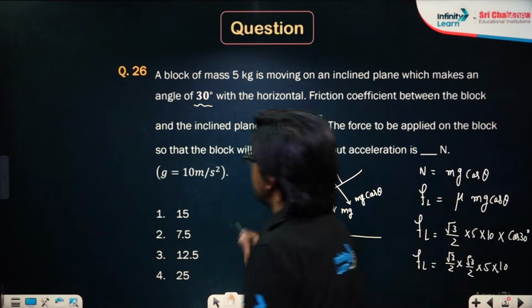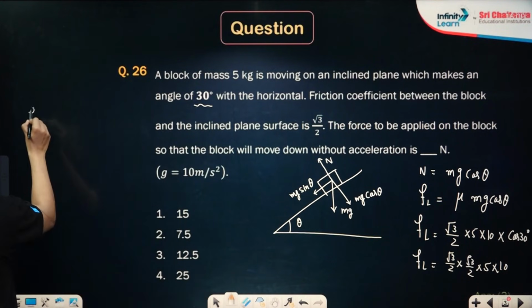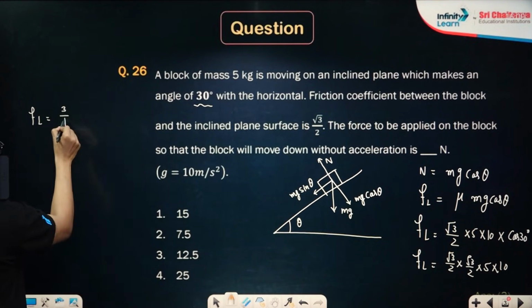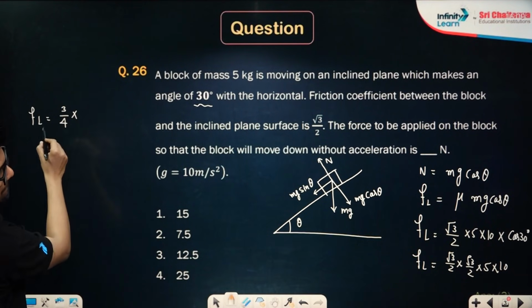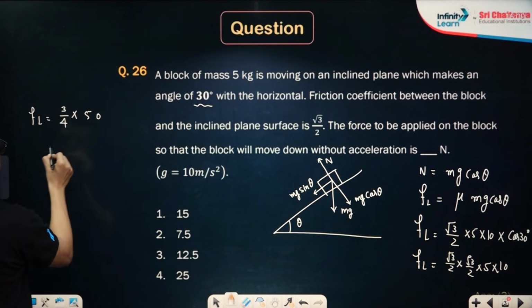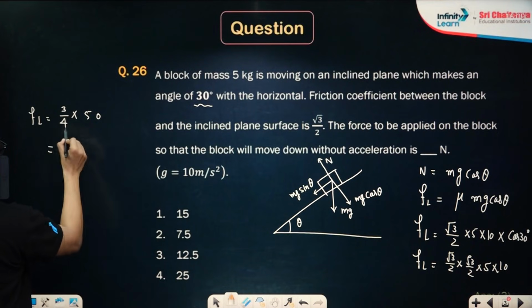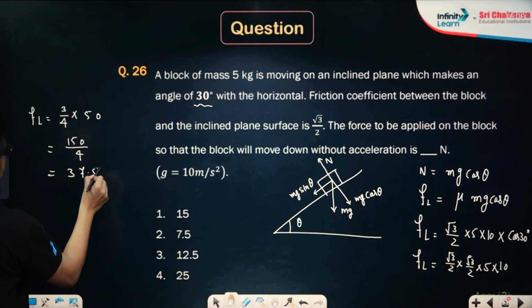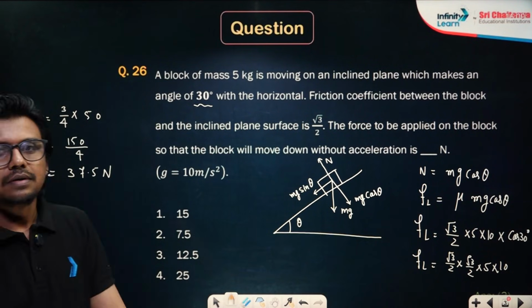If I calculate it, that is 3 by 4 into 50, which is 150 by 4, so you will get 37.5 Newton. This is the limiting friction.